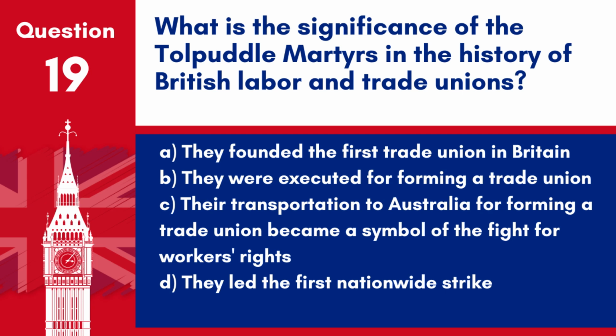D. They led the first nationwide strike. Answer: C. Their transportation to Australia for forming a trade union became a symbol of the fight for workers' rights. The Tolpuddle Martyrs case in 1834 is significant as it highlighted the harsh treatment of workers and became a rallying point for the labour movement and trade unions.